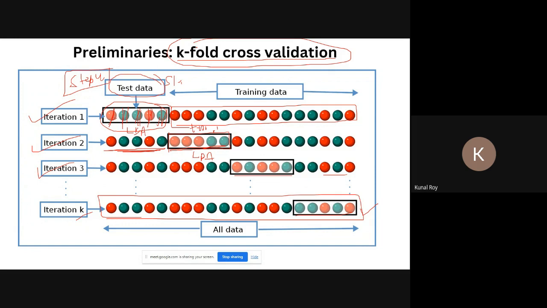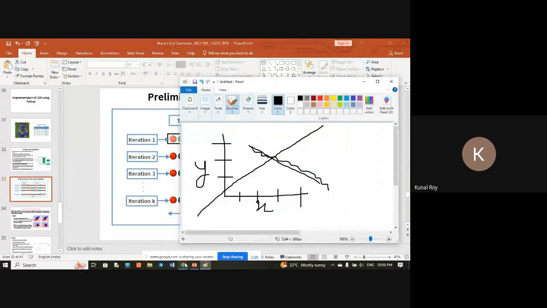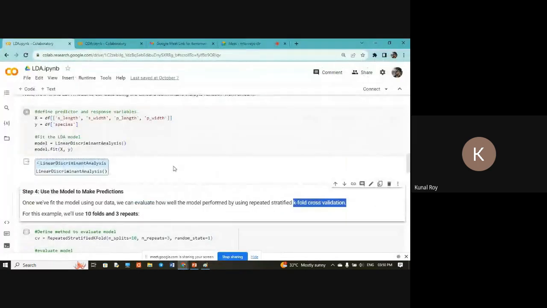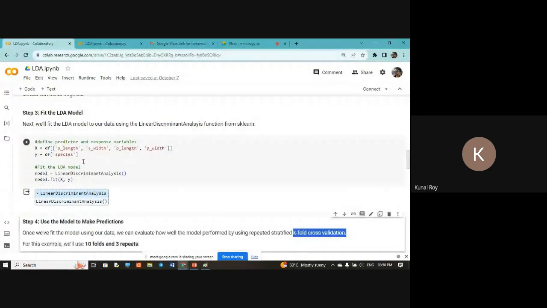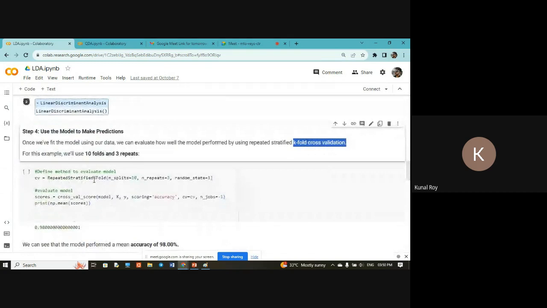So that's why I have taken this fourth step, with folds and all. It is taking 10 iterations and 3 repeats. Now what are these 3 repeats? These 3 repeats are nothing but the 3 classes.